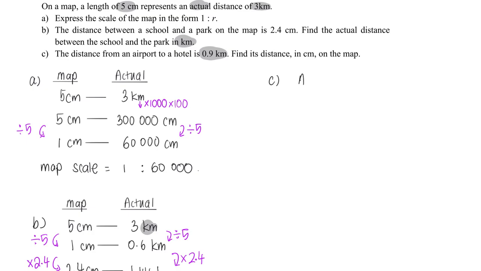I will start with the actual here and the map on the other side. Oh no, I will start with 0.6 kilometer is represented by 1 cm. How does Mr. Tan get this? Mr. Tan gets this from the previous working.